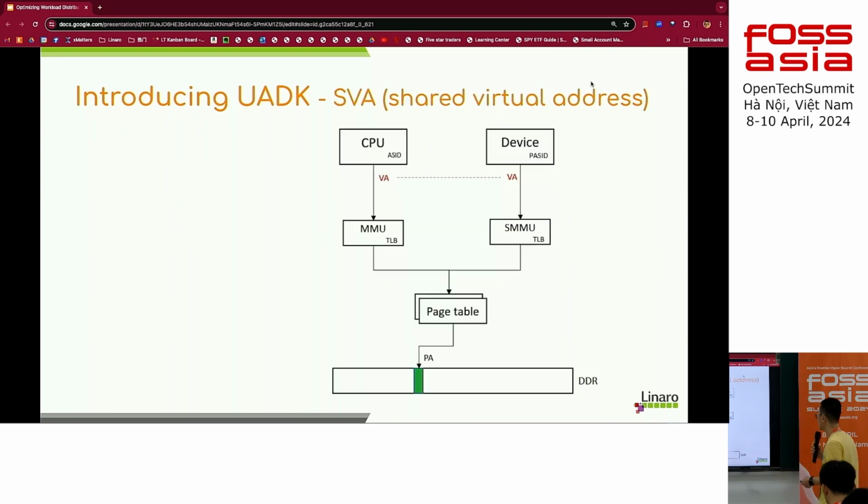It is constructed based on SMMU technology. With SMMU, you get the same virtual address between the device and your program, so you just need to give the virtual address to the device, and it will find the proper physical address through SMMU.